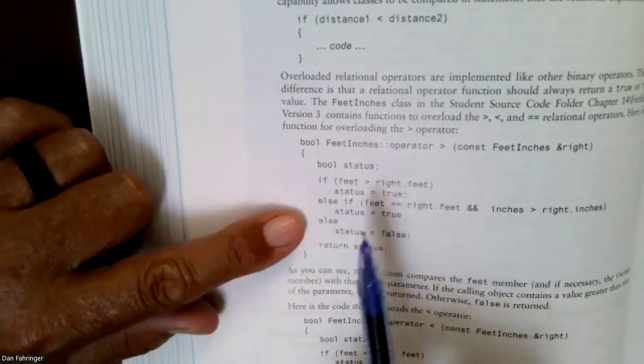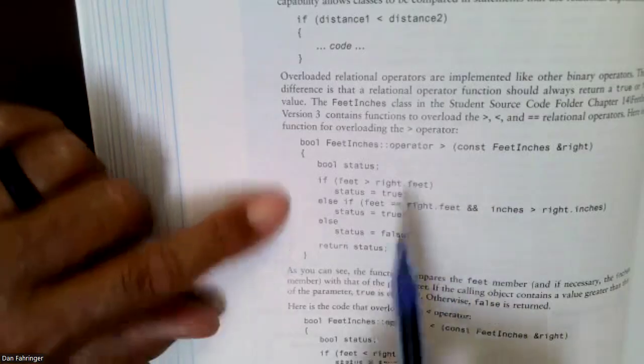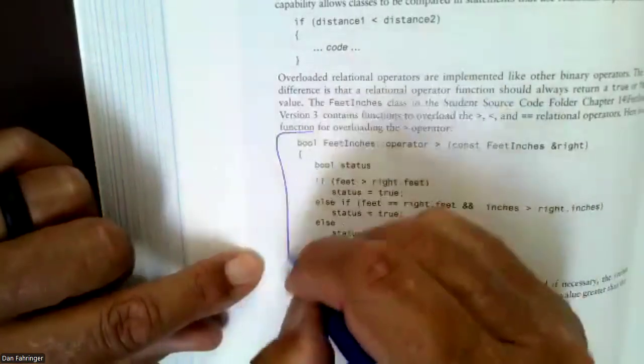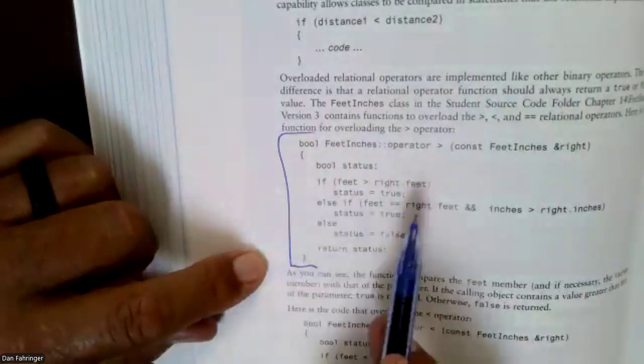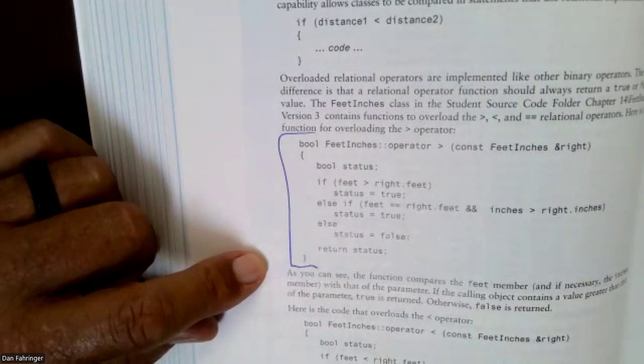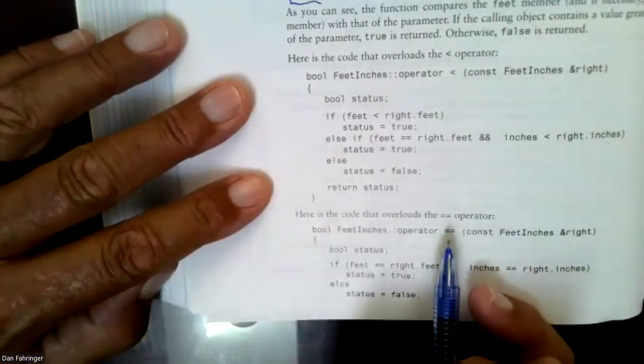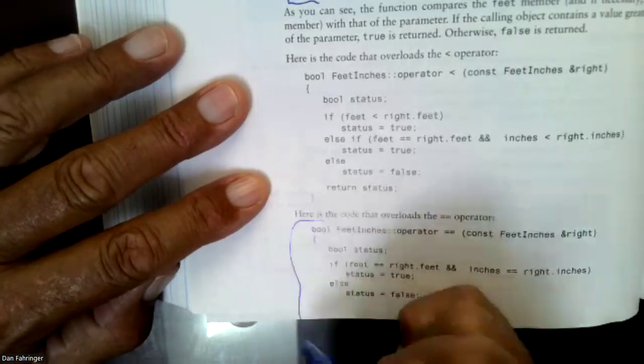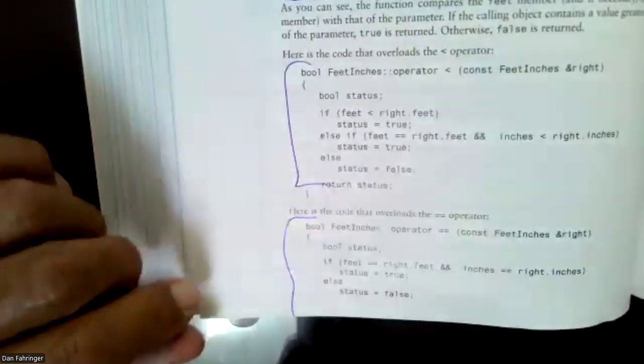As feet is greater than feet, and inches greater than. So all of a sudden, we're starting to get a lot of good stuff in here. If this is true, then I can subtract them. Here's less than. Here is the comparison operator. We're overloading the heck out of everything.